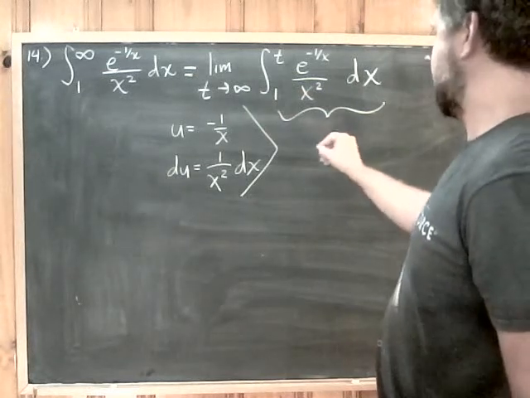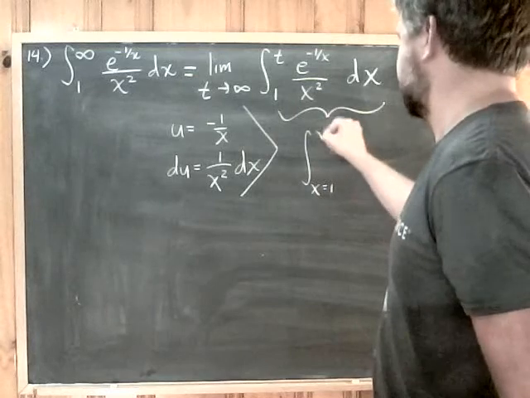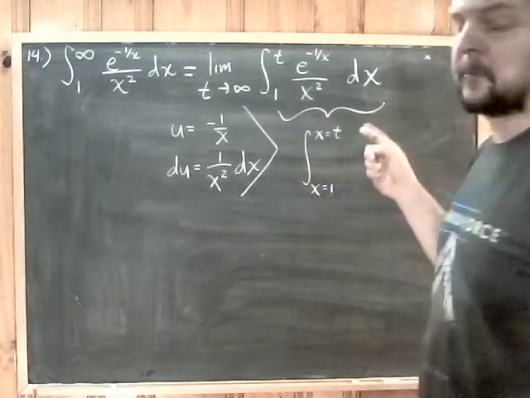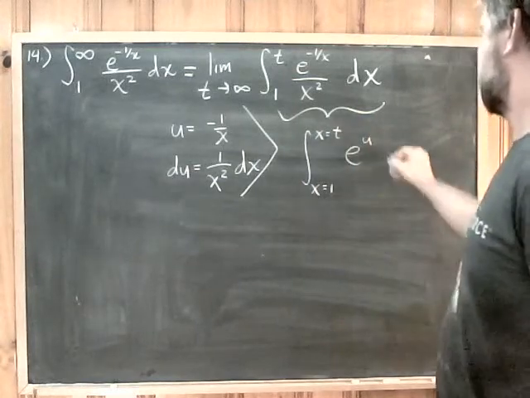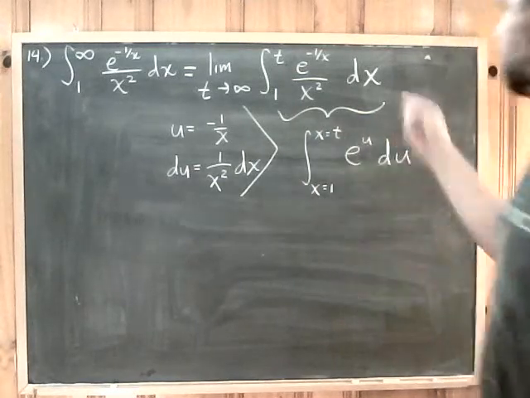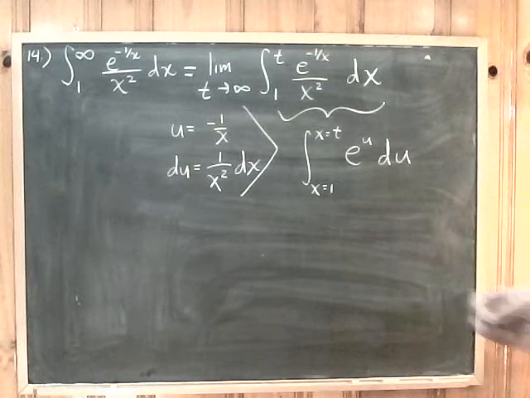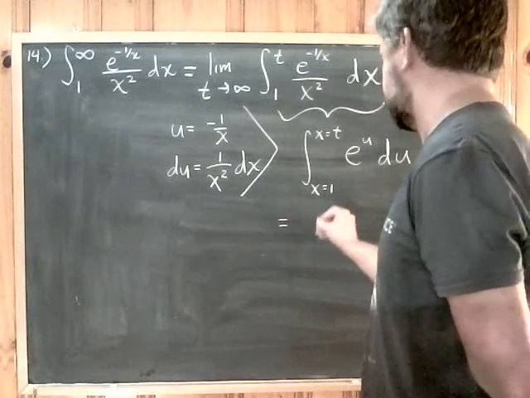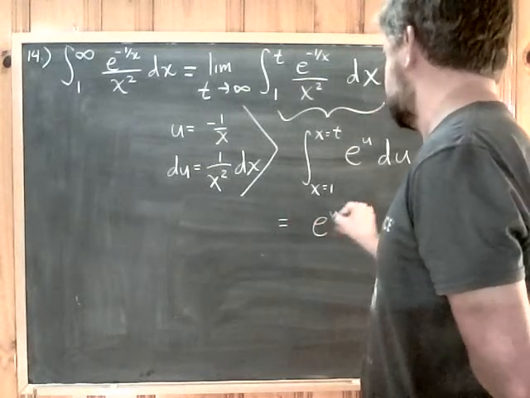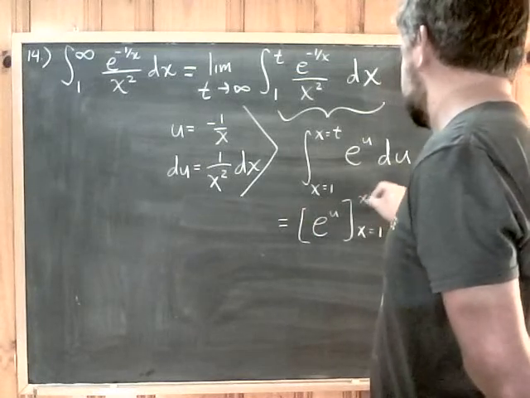You have the integral x equals 1 to x equal to t, because I do have to remember to plug back in. I have e to the u and du, because that x squared dx is already exactly du. Then that's its own integral, so I have e to the u from x equal to 1 to x equal to t.